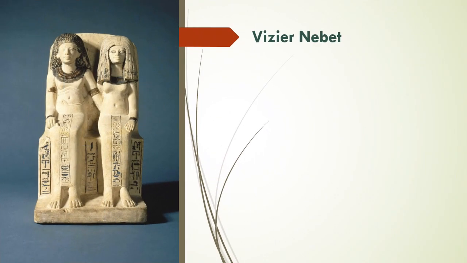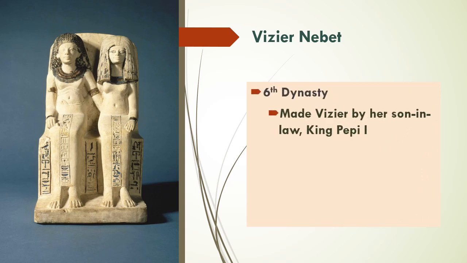We do know of at least one early Egyptian woman who was named a vizier. Lots of viziers could be named, and her name was Nebet, which interestingly is vizier lady, mistress vizier. Nebet was actually the mother-in-law of King Pepi the First of the Sixth Dynasty.